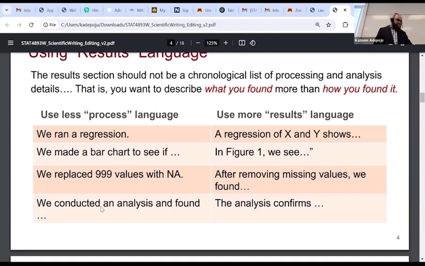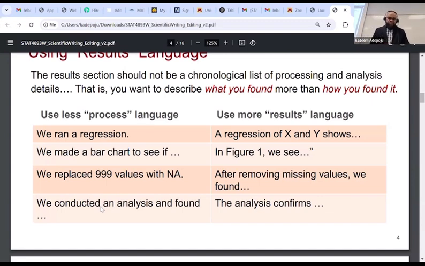So instead of "we conducted an analysis and found," you can say the analysis indicates that the predictor is related to the response, or the predictor has a strong relationship with the response. You can even quote the coefficient of determination, in a situation where you are seeking an explanatory goal.